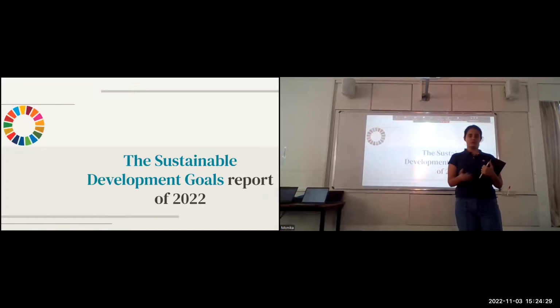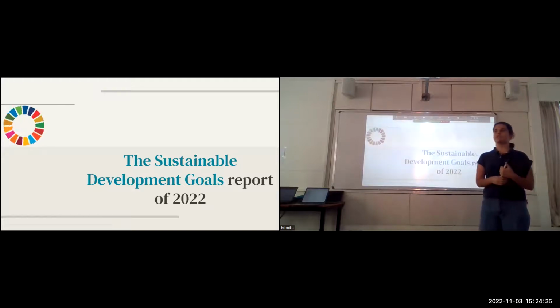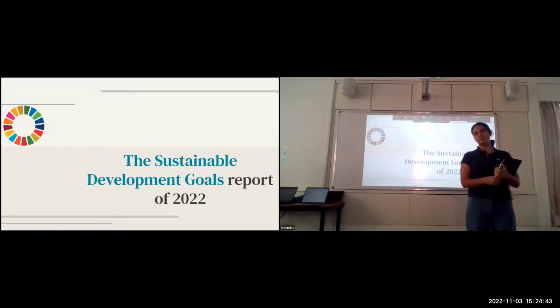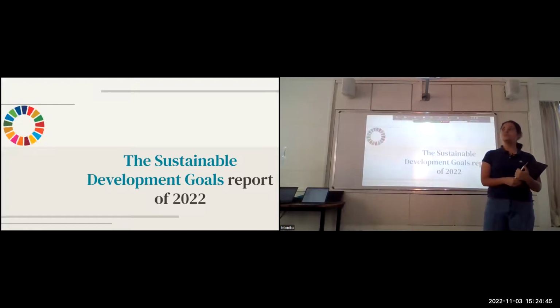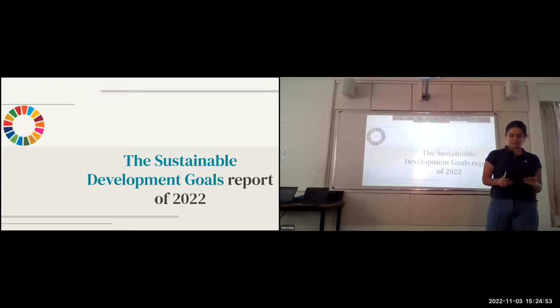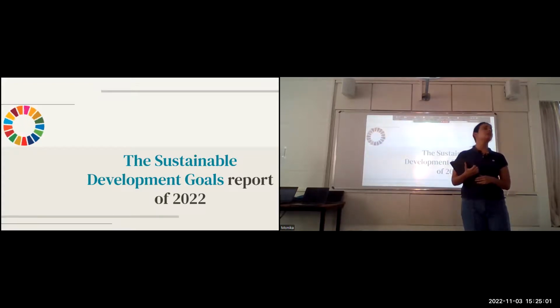Another important thing that was also mentioned in the SDG report, which again is something that the world is influenced by, is the war in Ukraine. The war in Ukraine has the potential to cut economic growth by 0.9% in the year 2022. It is also important to mention that not just the war in Ukraine, but also another factor that is hastening the crises happening in the world is climate change, which again we all know largely impacts the world.